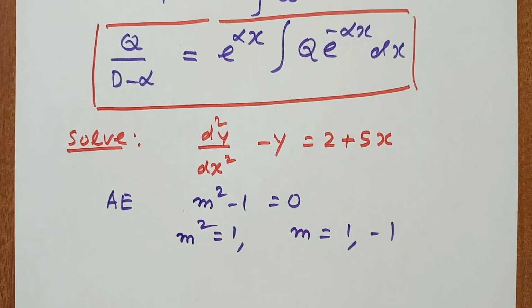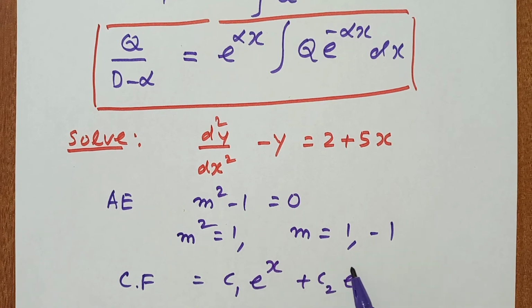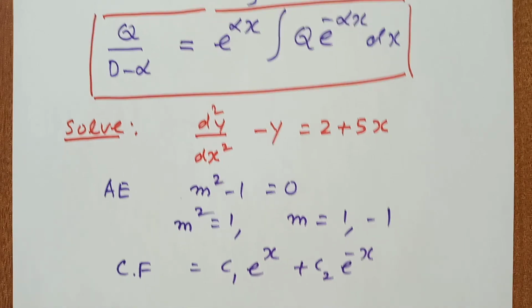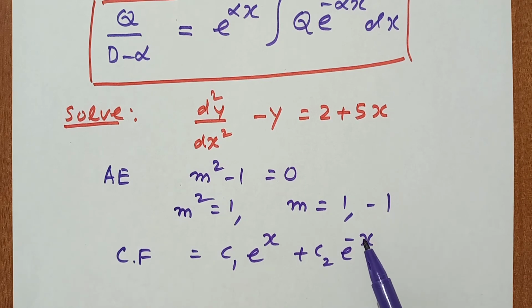Now we first calculate the complementary function. Since the values of m are distinct, it is c1 e to the power x plus c2 e to the power minus x. As we know, m1 and m2 are different, so c1 e to the power m1 x plus c2 e to the power m2 x. Now we will solve the particular integral.